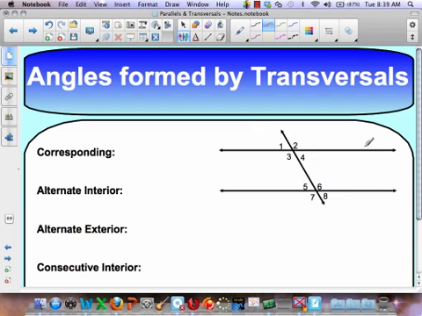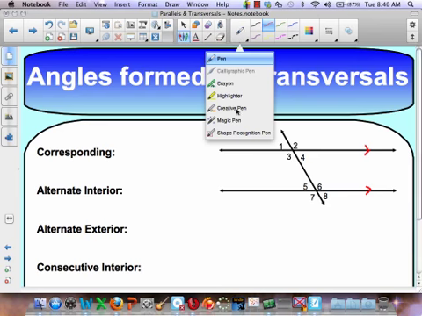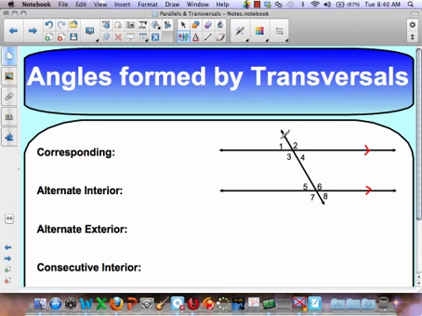Again, let's kind of take a moment here. These are my parallel lines, and then this is my transversal. So we're talking about matching. They have to be in the same general location. So if I'm looking right here at angle 1, what angle corresponds to angle 1? 4.